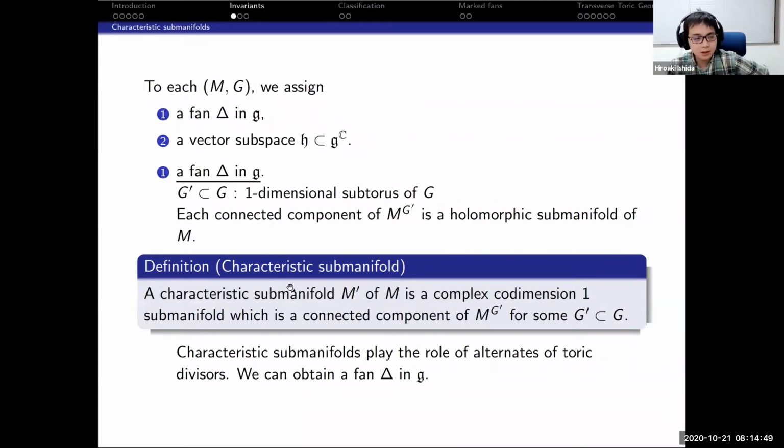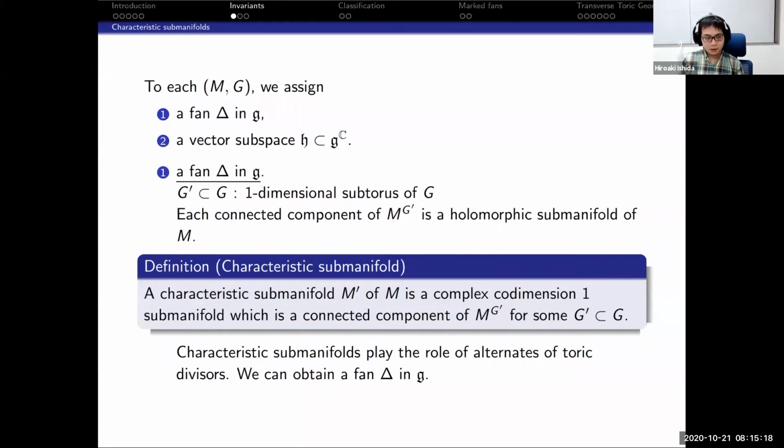A characteristic submanifold M prime of M is a complex codimension 1 submanifold, which is a connected component of the fixed point set for some one-dimensional subgroup G prime. And this characteristic submanifold plays the role of toric divisor in a toric variety.